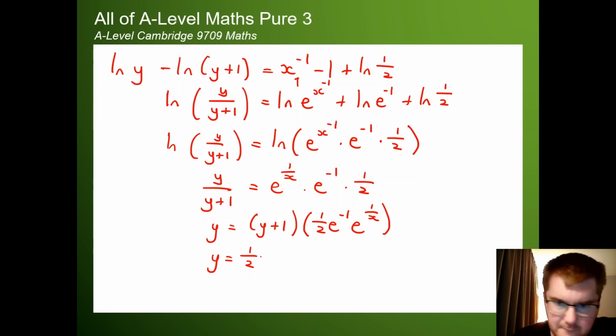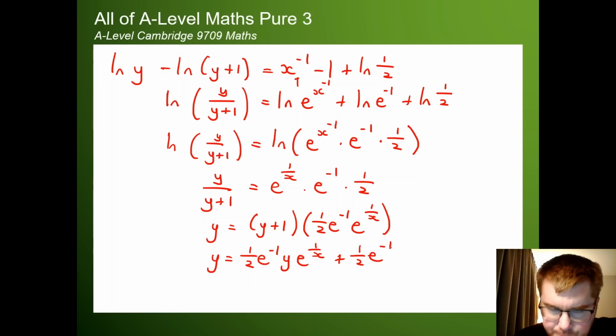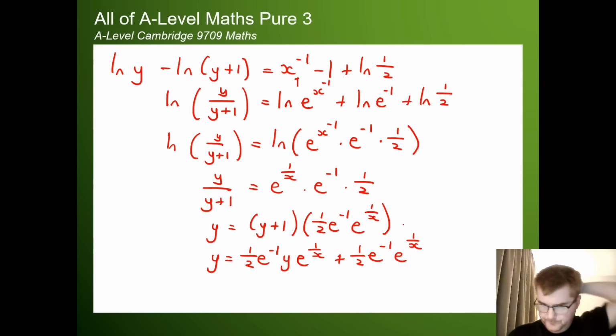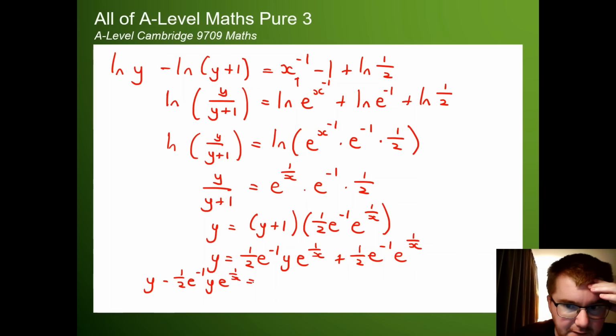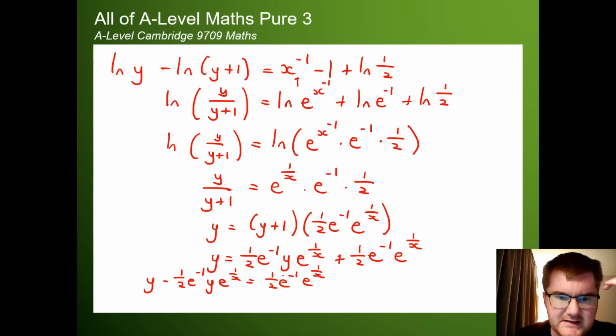So we have a half e to the power of minus 1 y e to the power of 1 over x plus whatever this is already, e to the 1 over x. And now we bring this to the other side, so we get y minus a half e to the power of minus 1 e to the power of 1 over x is equal to a half e to the power of minus 1 over x.